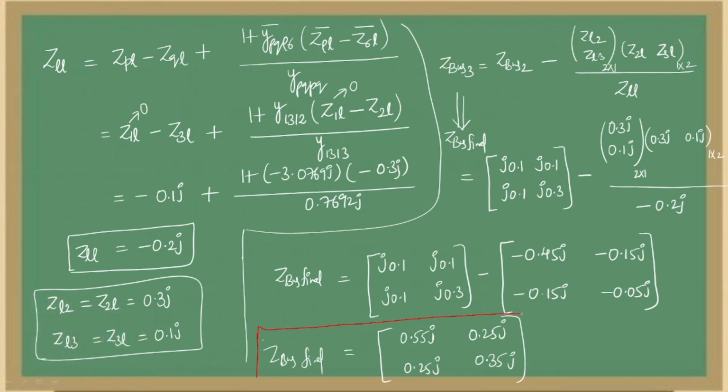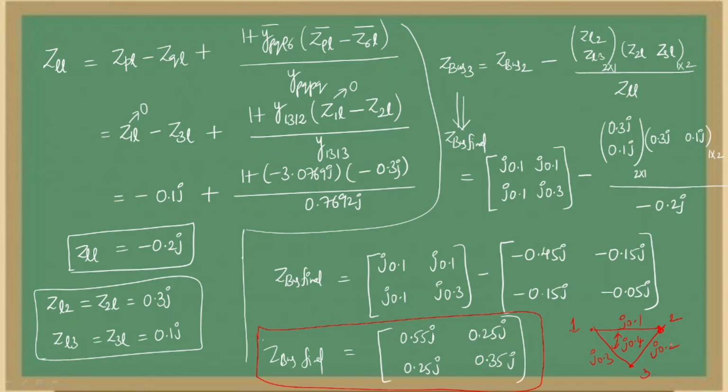So this is the Z bus matrix of the given power system network, which has three buses like this. This is the first bus, second bus, third bus. This is J 0.1, this is J 0.2, this is J 0.3, and you have the mutual impedance of J 0.4 per unit.